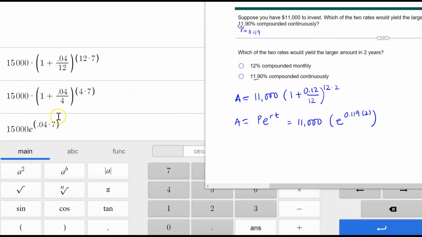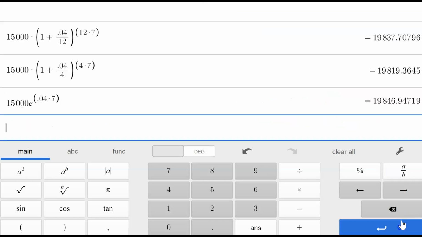All right, so let's go ahead and plug that in here. Maybe we can just edit this or just start a new one.